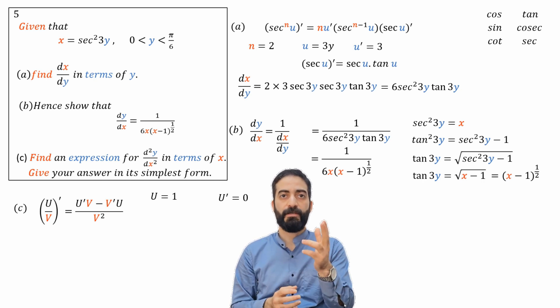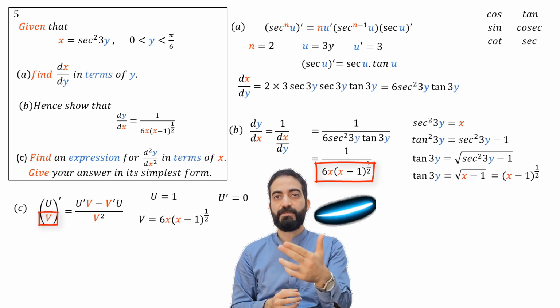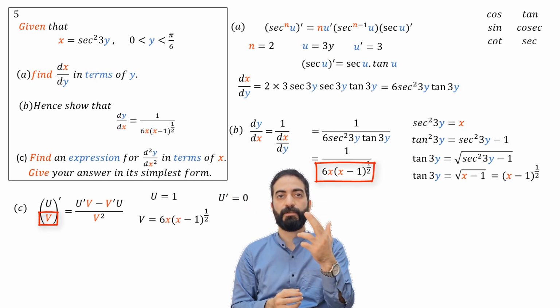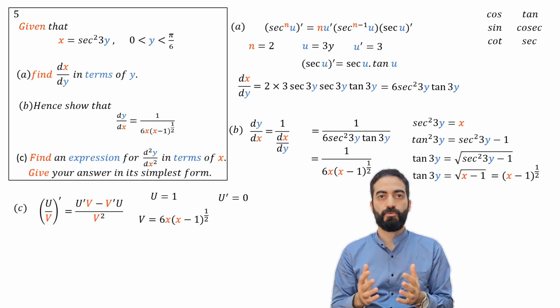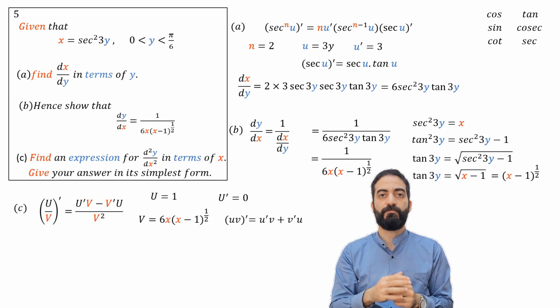And we have v equals 6x times x minus 1 to the power 1 over 2. In order to be able to find v prime, the derivative of v, we must use the special rule for this form. We must use this rule.